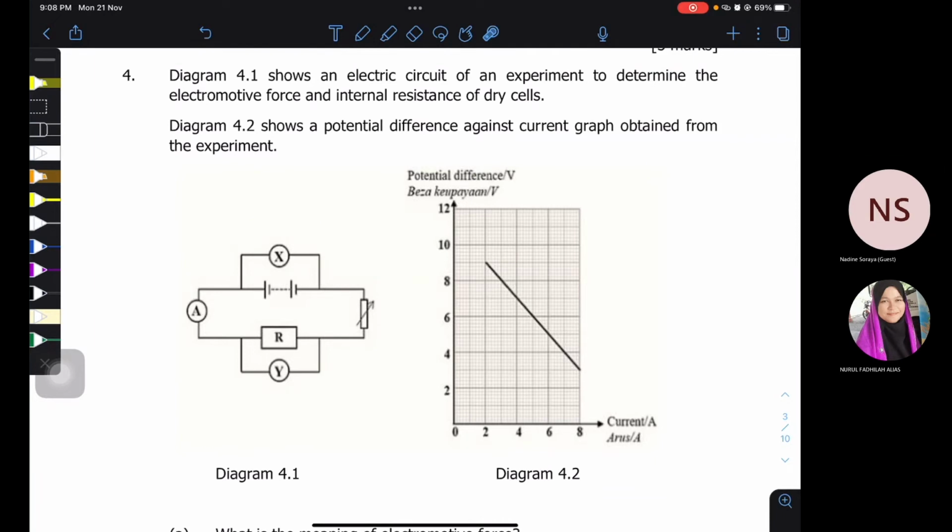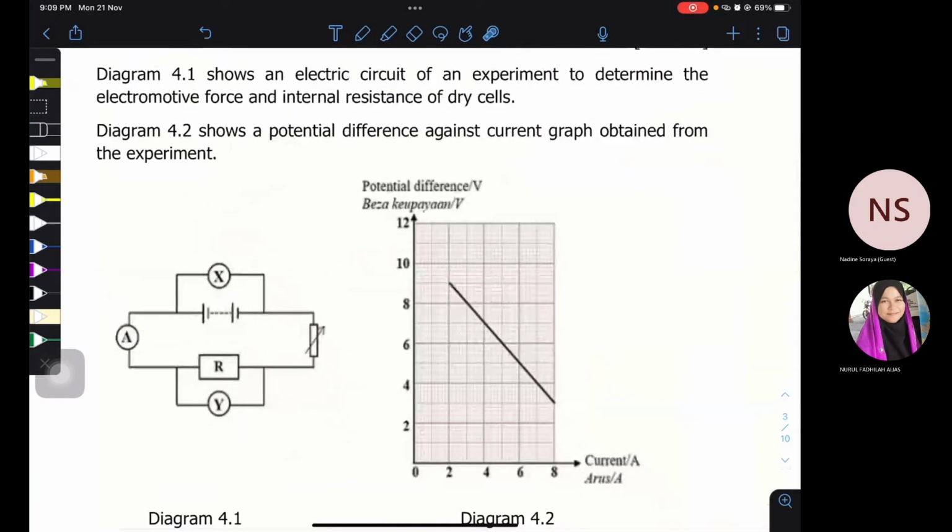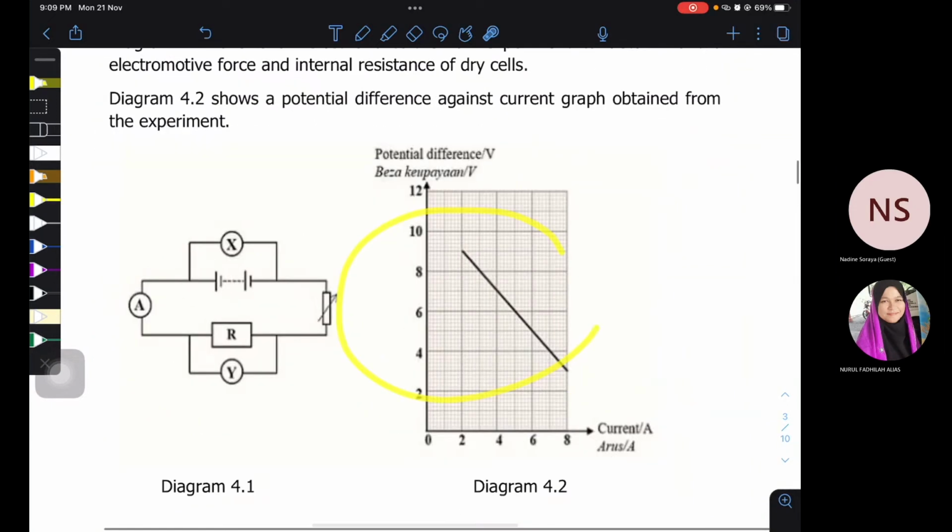So we place the components like this. And then daripada eksperimen ni we get data and then we plot graph. So this is the graph in diagram 4.2. Okay, graph of what? Graph of potential difference or voltage against the current.